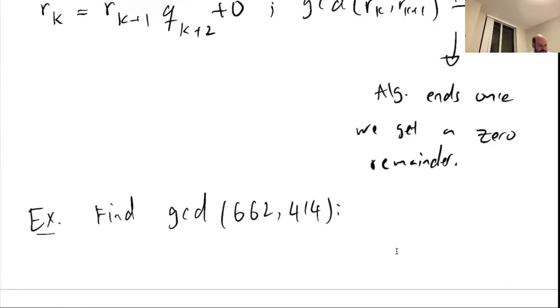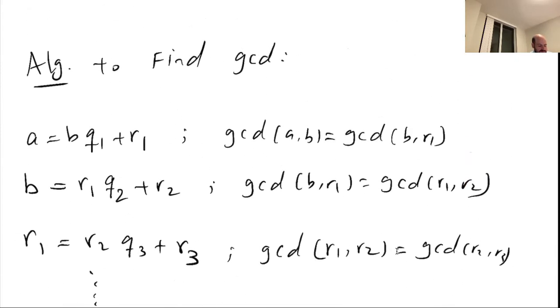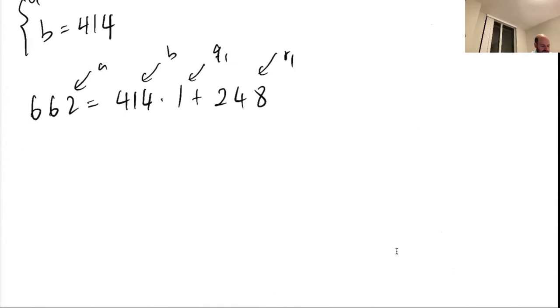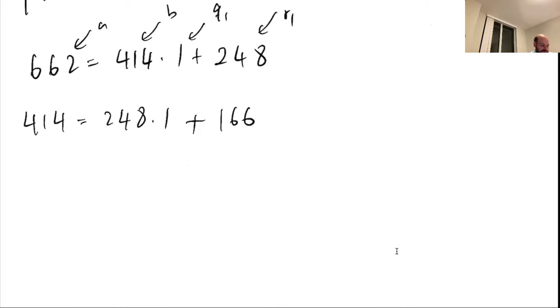right? See? First A by B, then B by R1, then R1 by R2, R2 by R3, and so on. So B by R1, so 414 divided by 248, again times 1 plus 166. Now this is my B, R1, and now this is R2.